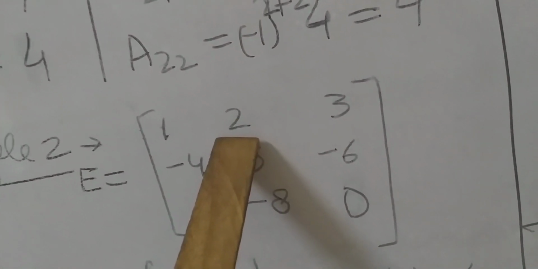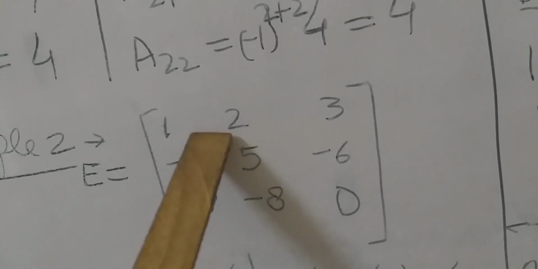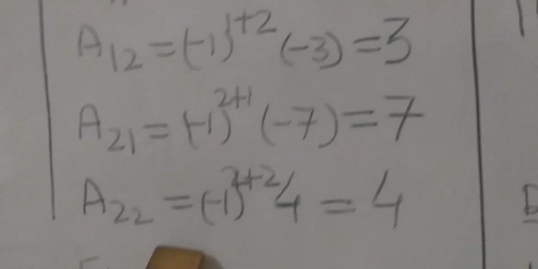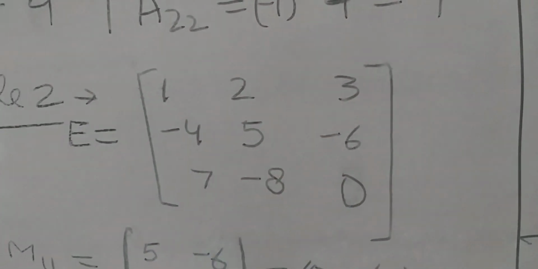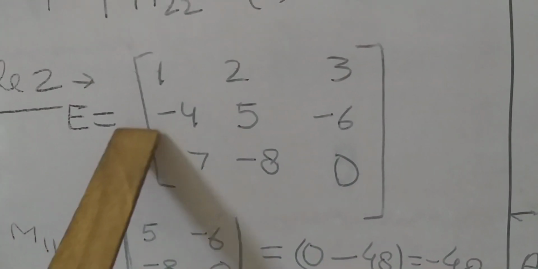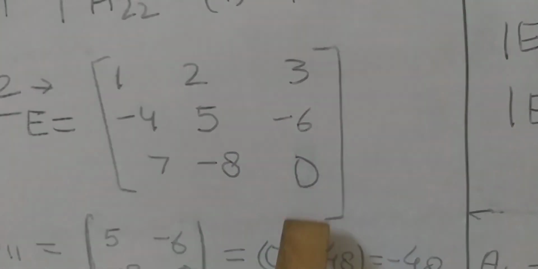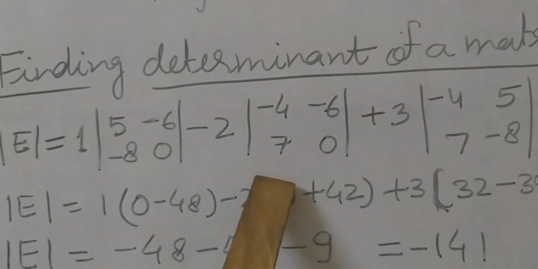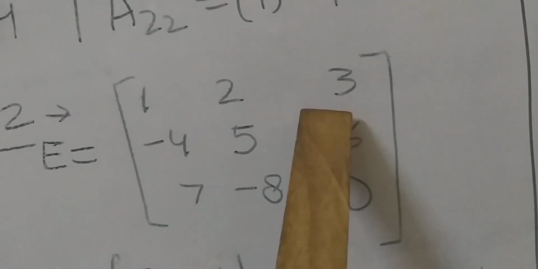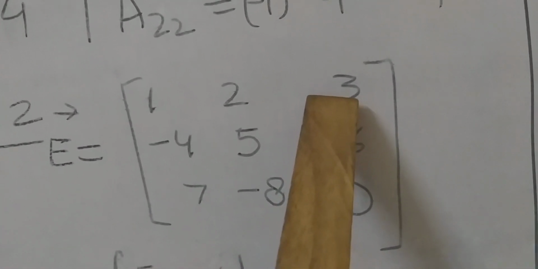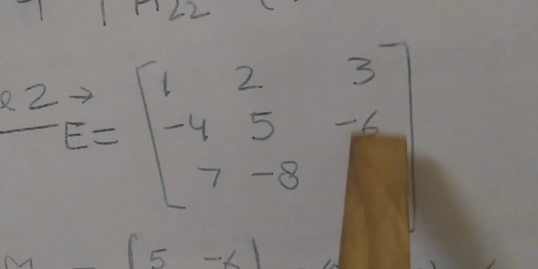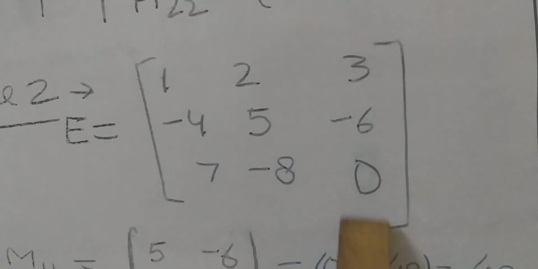Then the second element a12, it is odd, that's why we put a minus sign: minus 2, delete its row and column, left values minus 4 7, minus 6 0. Plus 3, because it is a13, delete its row and column, left values minus 4 5, 7 minus 8 written.